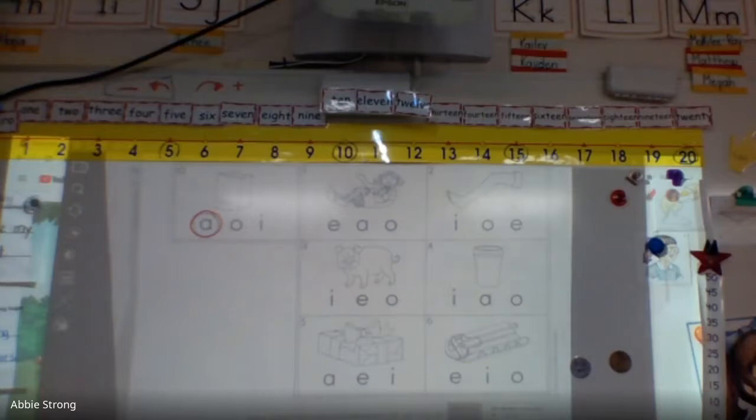Come on. Which one makes the e sound? Circle it. Which letter makes the d sound? Like in sled, which one makes the d sound? Which one? Circle it, whichever one you think. Sled. Right.